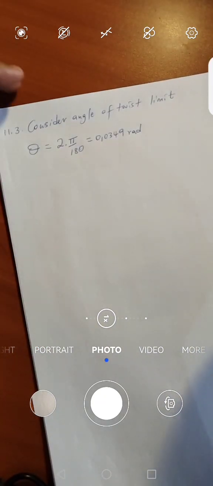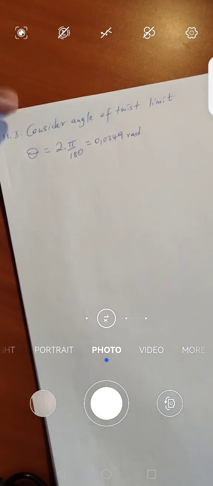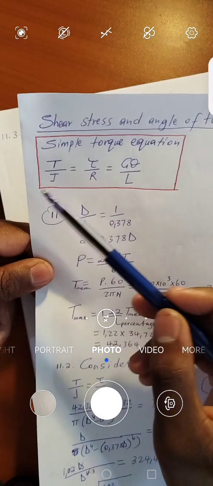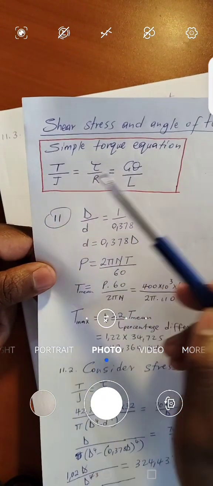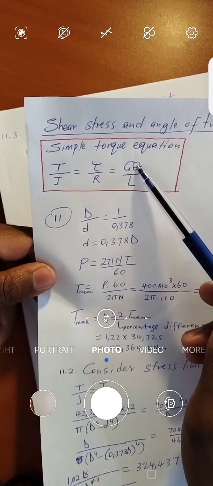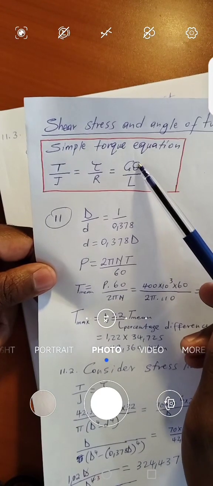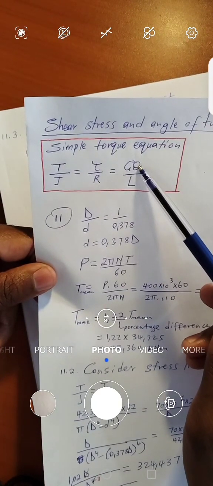So now we'll have to go to our torque equation like this. We're going to combine this and this, since now we're talking about the angle of twist limit. So this is the angle that we're talking about.